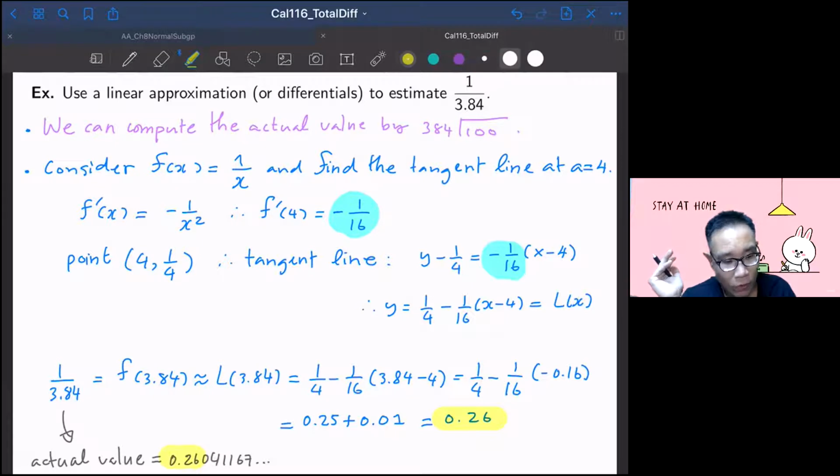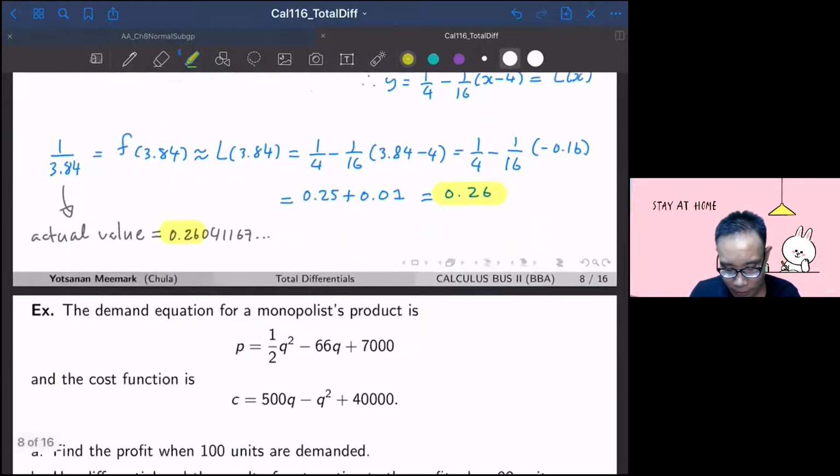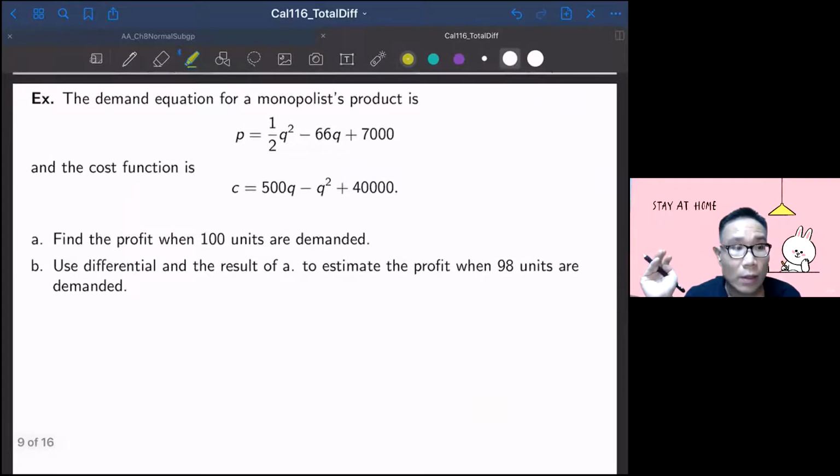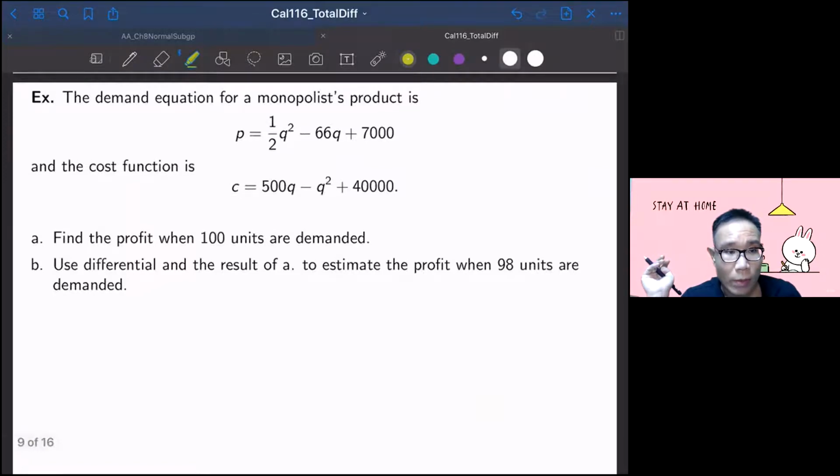Okay, so in practice, like in this next example, you have the demand equation for a product given by P equal to 1/2 Q squared minus 66Q plus 7,000, and the cost function given by C equal to 500Q minus Q squared plus 40,000.